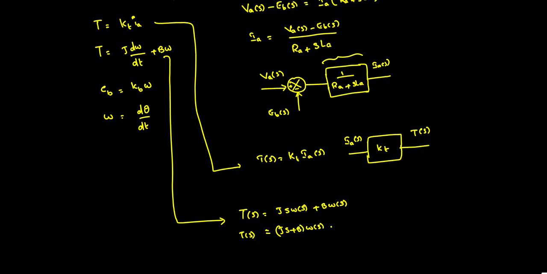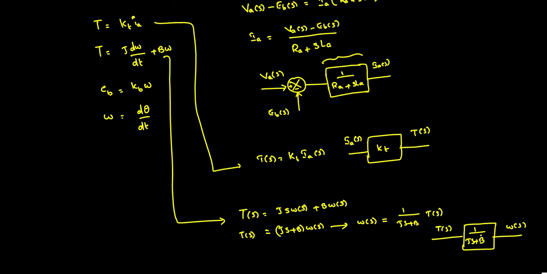From this, omega is equal to 1 by Js plus B into T of s, where the twisting moment of force is the torque. So the output is omega: whenever you give torque as the input and multiply by 1 by Js plus B, omega comes.